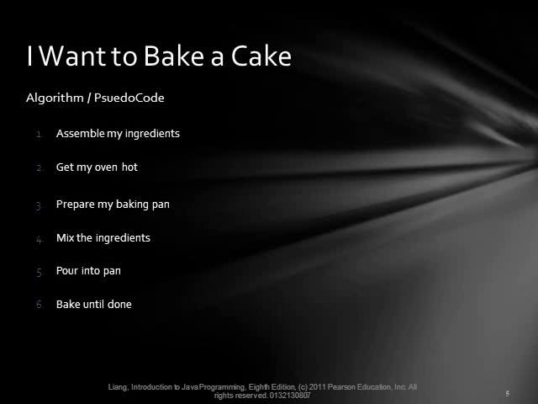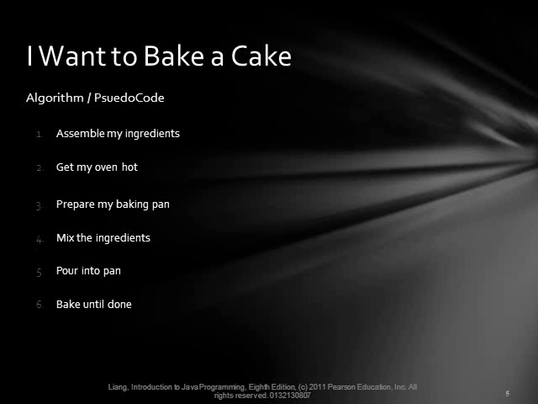Usually you need to prepare a cake pan: grease it and flour it so the cake doesn't stick. Then I'll mix the ingredients together, pour them into the pan, and bake the cake until it's done.